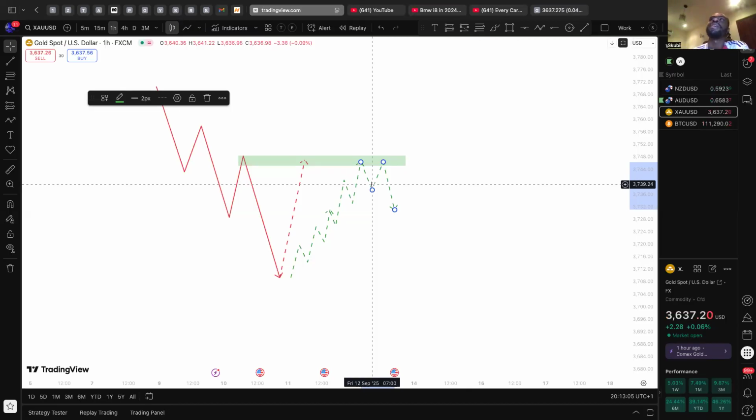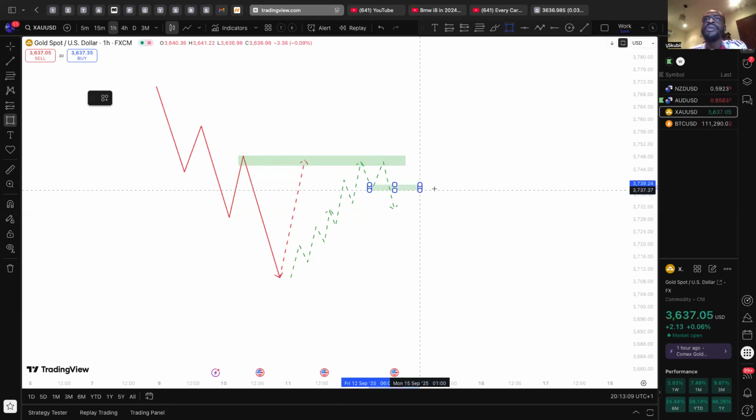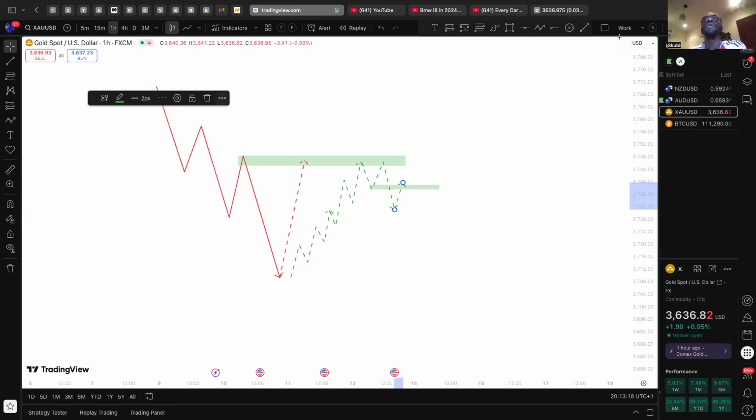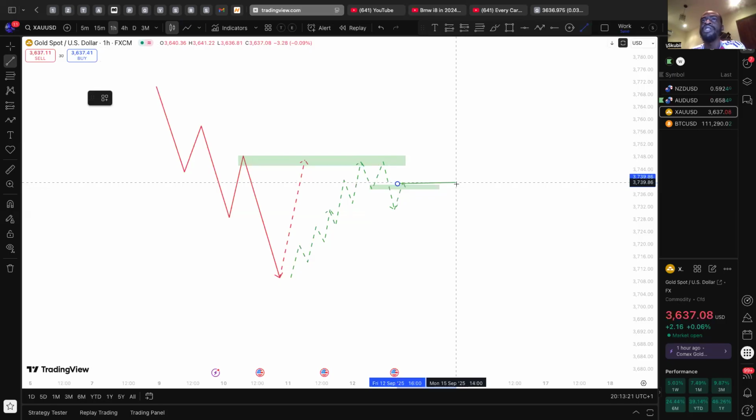Now, once we get something like this, that 5 minutes support turned resistance will be our entry level. So we are going to be looking at price coming back to tap that level, then we sell. Our entry point here, let me change this to ash.